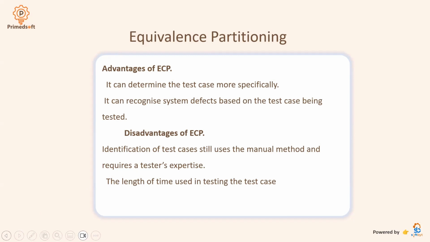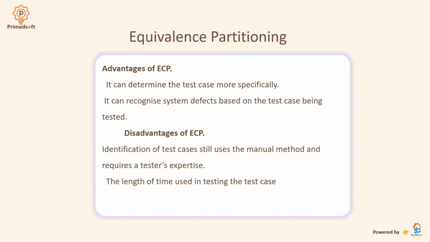So now we'll look at the disadvantages of equivalent class partition. One of the disadvantages is that identification of test cases still uses the manual method and requires tester expertise. Let's say you are not used to partitioning, you don't have experience on how to partition your set of test data into valid and invalid.